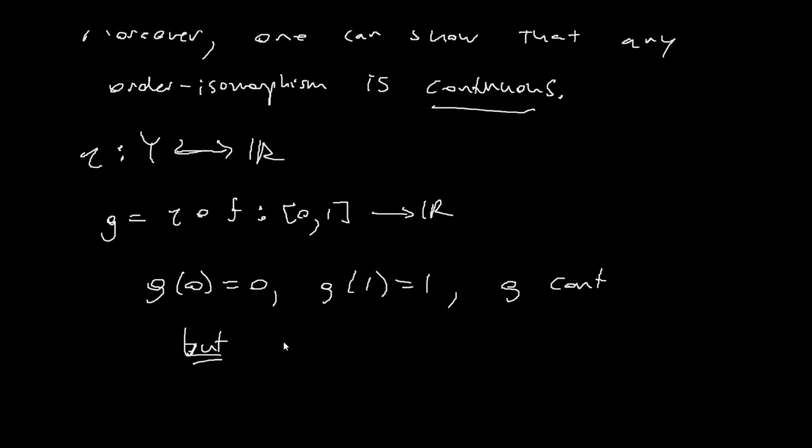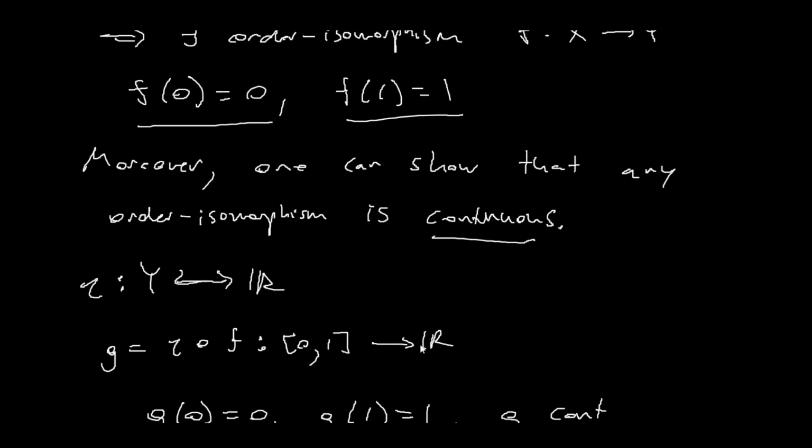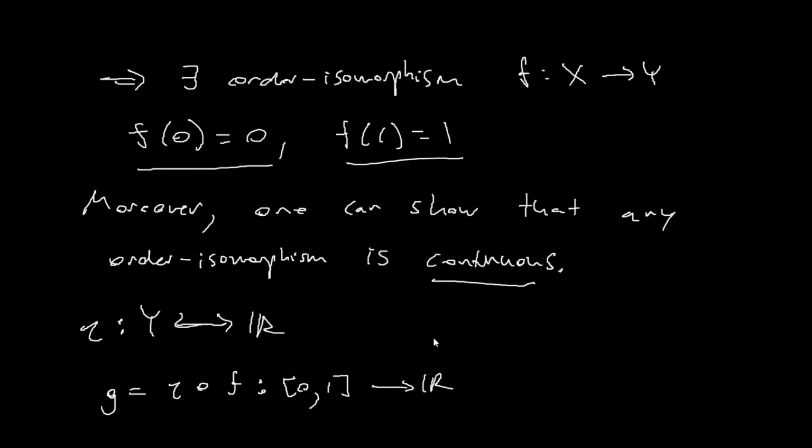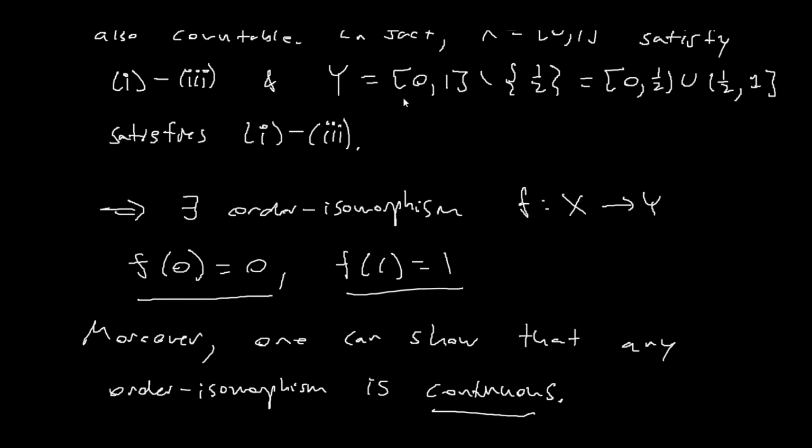but the number 1/2 is not in the image of g because f, the codomain of f, was y, which is explicitly the interval 0 to 1 with the element 1/2 removed.